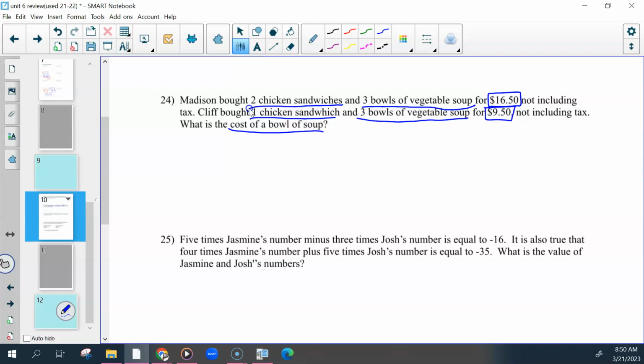Okay. So let's say X is related to the chicken sandwiches, Y is related to the vegetable soup. What don't we know about them? How much they cost. So cost of the chicken sandwich.